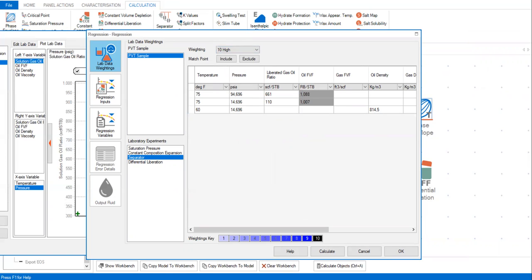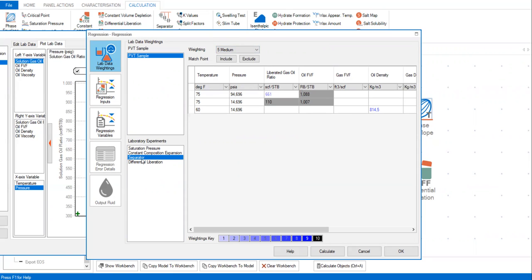And then I'm going to exclude the second stage GOR, this one, because the 661 is much more important. Exclude. And for the weightings, the liquid density at standard conditions, I'm going to put this 814.5 with weighting of 7. And for the GOR, weighting of 5.